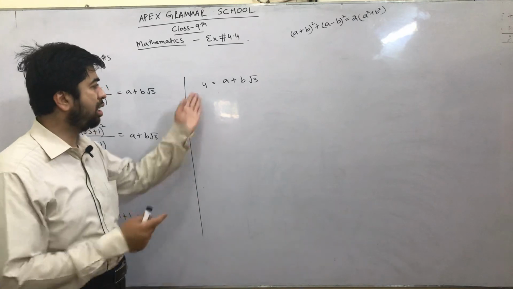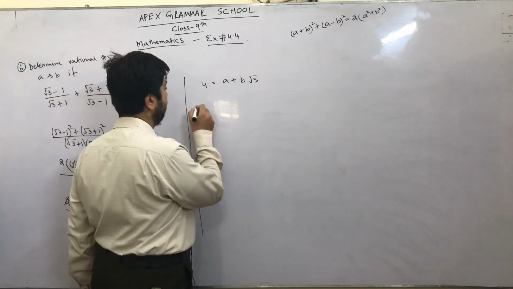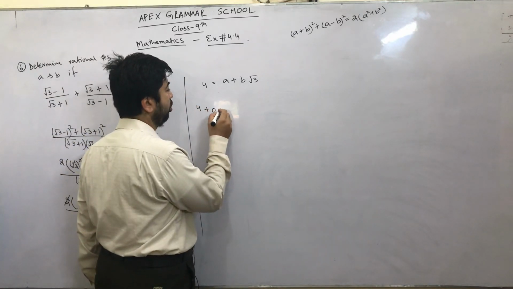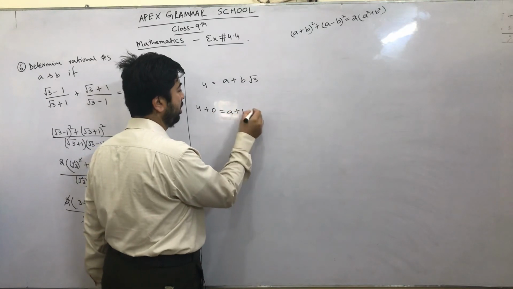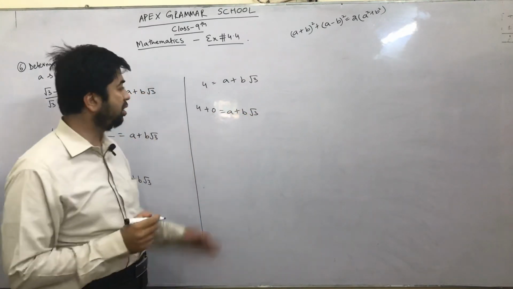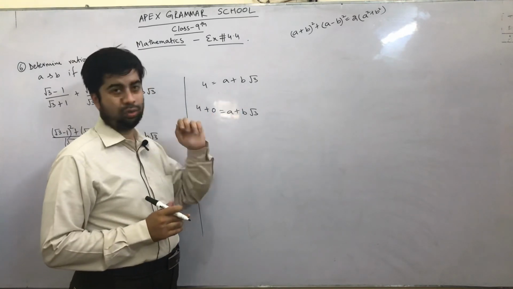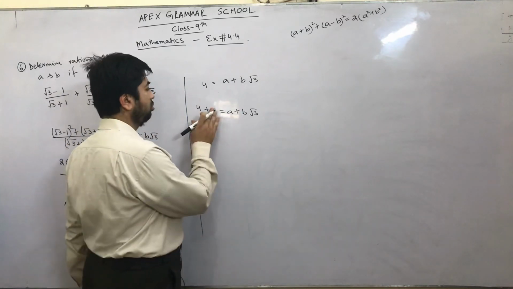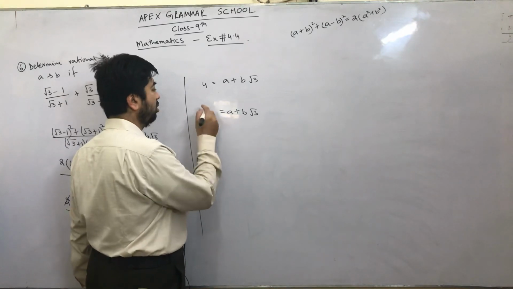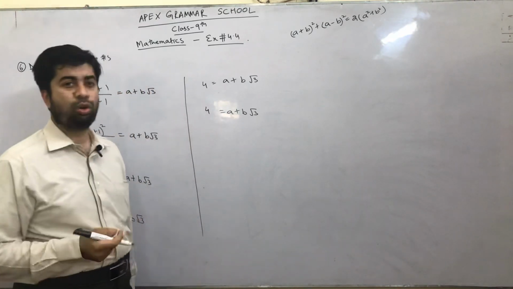So we can write it as 0. Like 4 plus 0 is equal to A plus B under root 3. I am writing this 0 because I have to compare this situation with this one. Or you don't need to write 0, you can do it.